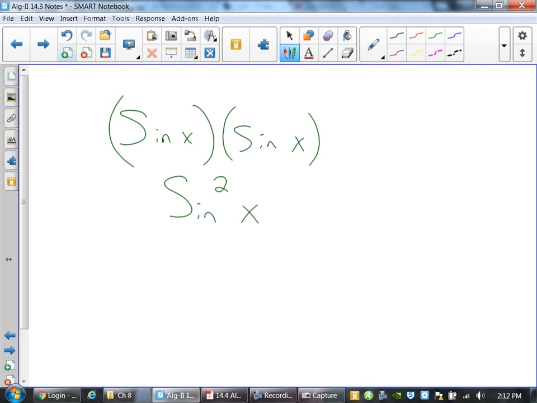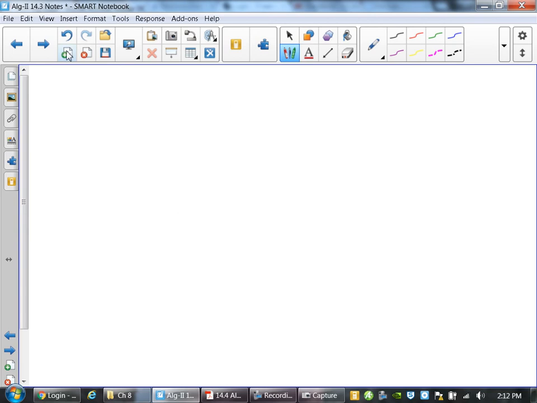So we get this Pythagorean identity: sine squared of x plus cosine squared of x equals 1. It's a pretty important thing to remember because, in place of theta, your opposite is your sine, your adjacent is your cosine, and your radius is going to be 1 in the unit circle.